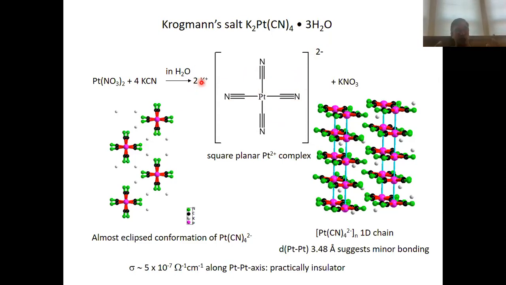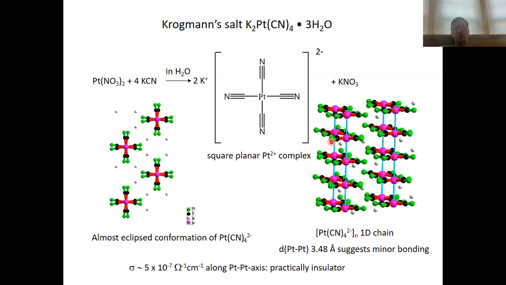So you can crystallize that compound from a solution, and it makes a quite interesting crystal structure. It actually forms one-dimensional infinite chains of the tetrachloroplatinate anions. You see here two different perspectives on these one-dimensional chains.